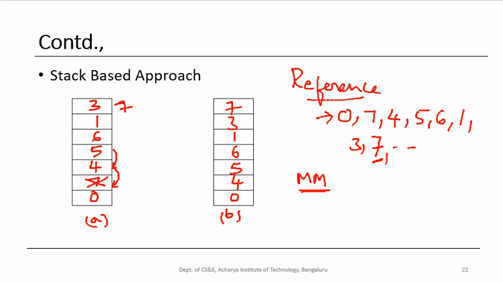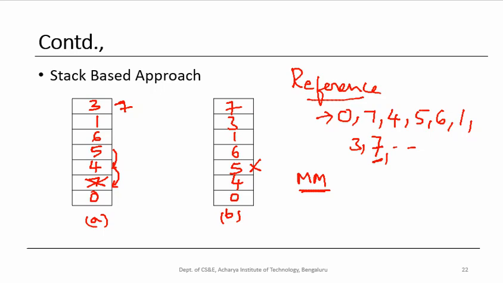Okay, so let us say there is a reference to page 5. Now the entry related to page 5 is removed and this number is written onto the top of the stack. Now what is the use of this?